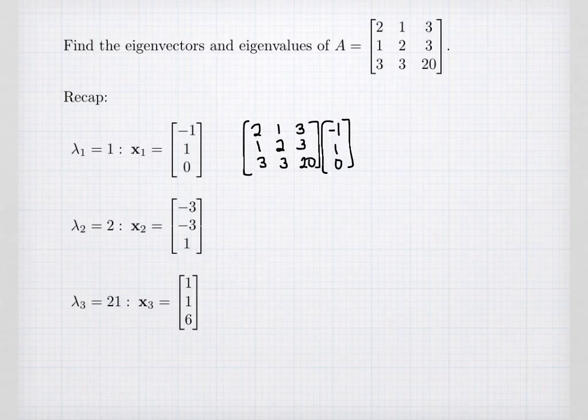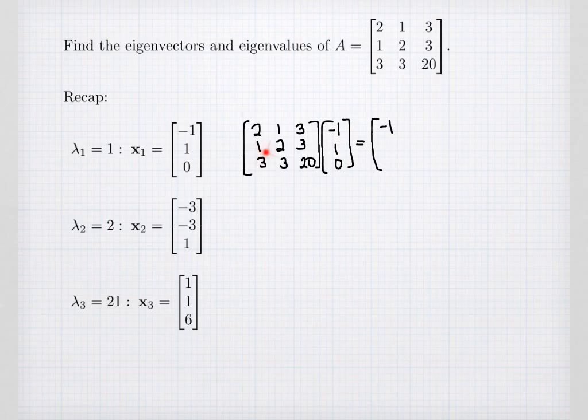So here's our setup for our first example. We take our matrix A, we take our eigenvector, and we do our matrix multiplication. Our first row, 2, 1, 3, times our column, negative 1, 1, I get negative 2 plus 1, gives me negative 1.